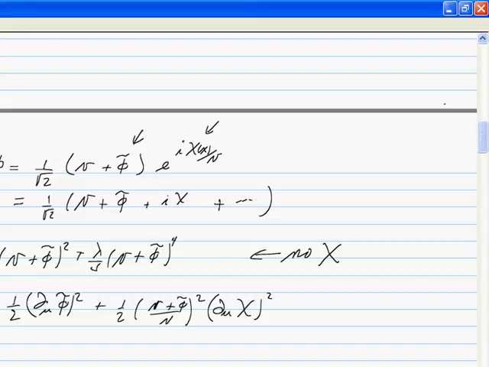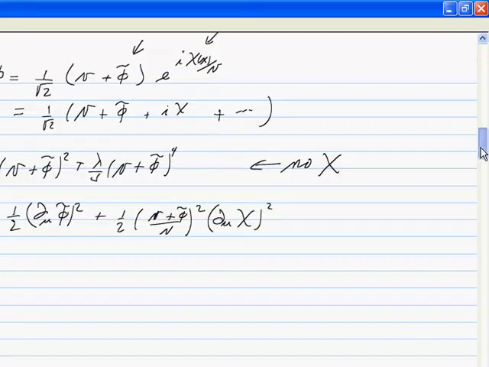So the first term is the usual kinetic energy. This term also has the leading term at the v over v as the usual kinetic energy. But now there's also some interaction pieces there, some interactions between phi twiddle and chi here.